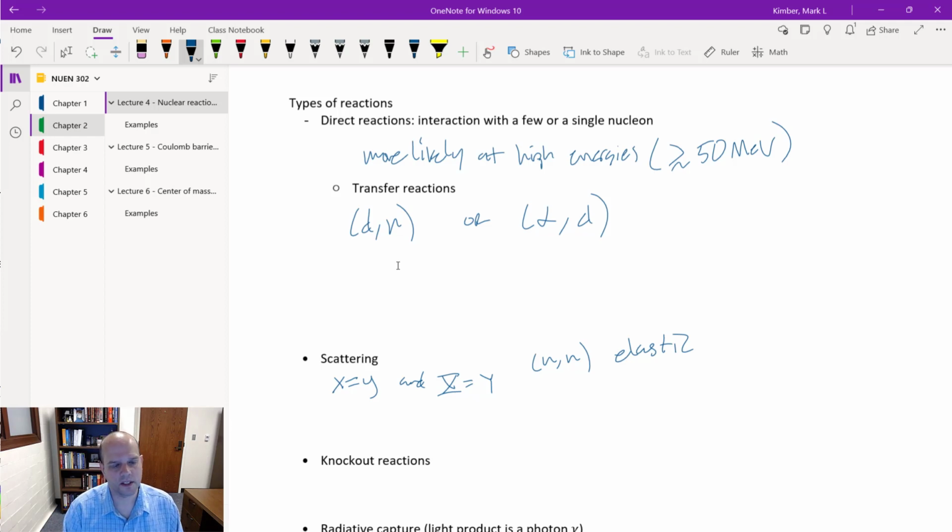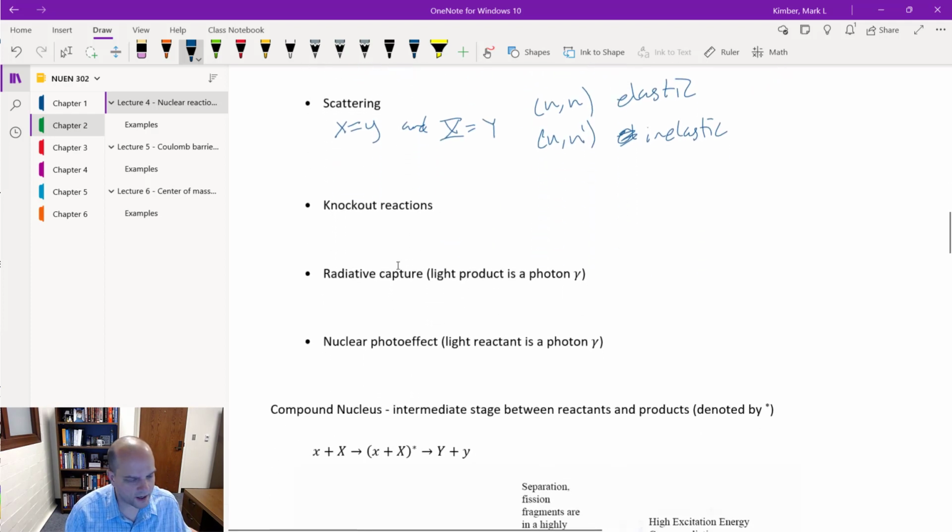That's basically what this is saying. Or I could have (n,n'), and this will be inelastic. What the prime here represents is that it has changed the nucleus to an excited state, or away from the ground state.